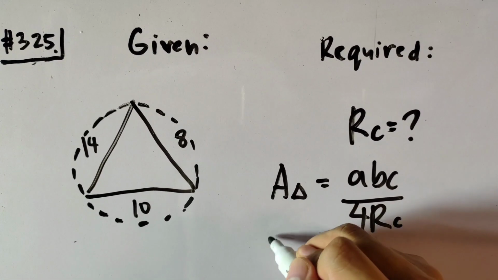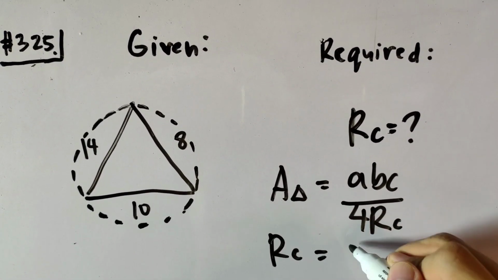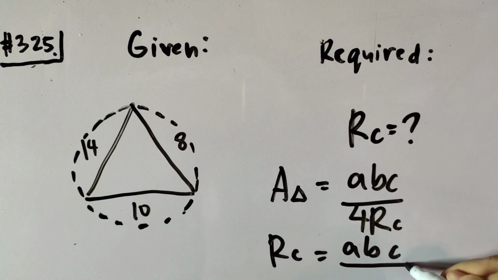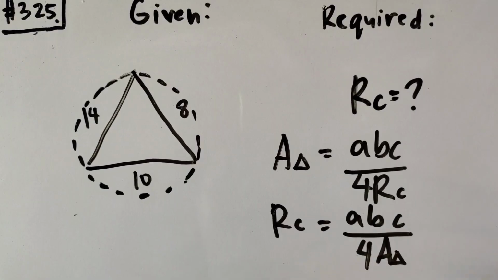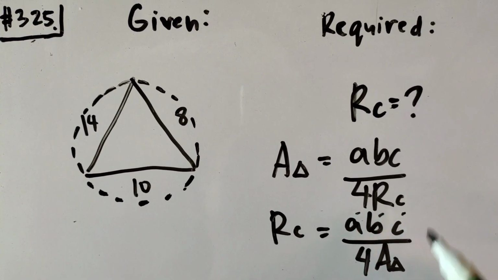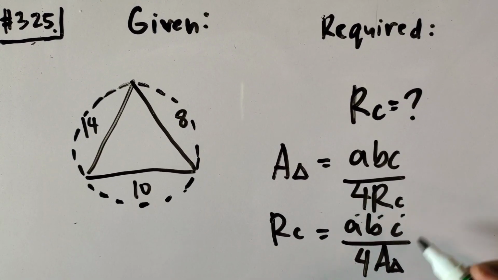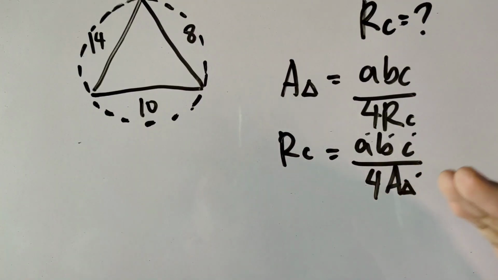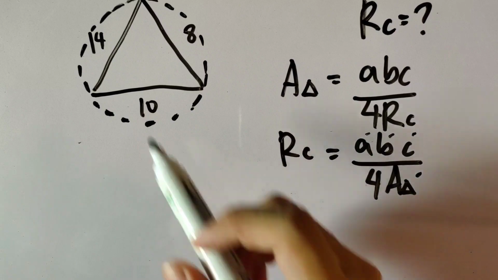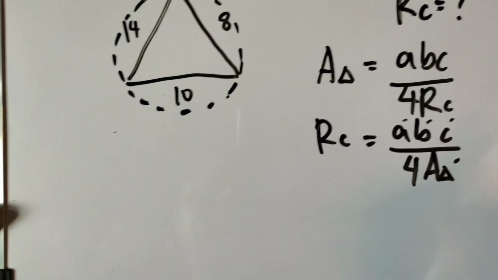So yung R sub C natin is equal to ABC over 4 times yung area ng triangle natin. Dito, given tayo ng A, B, and C natin, kailangan lang natin i-solve muna yung area ng triangle natin. At pwede natin gamitin yung Heron's formula, parang kanina, kasi given tayo ng 3 sides of a triangle.